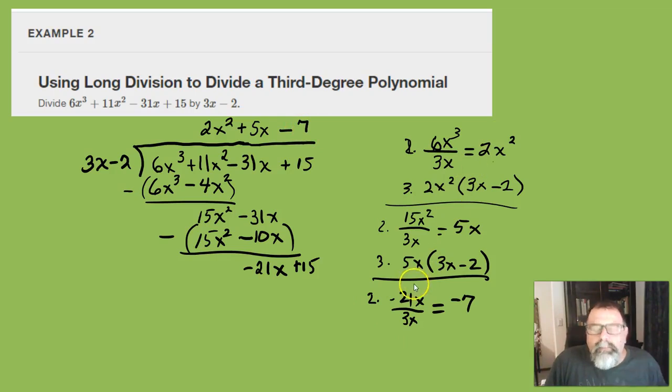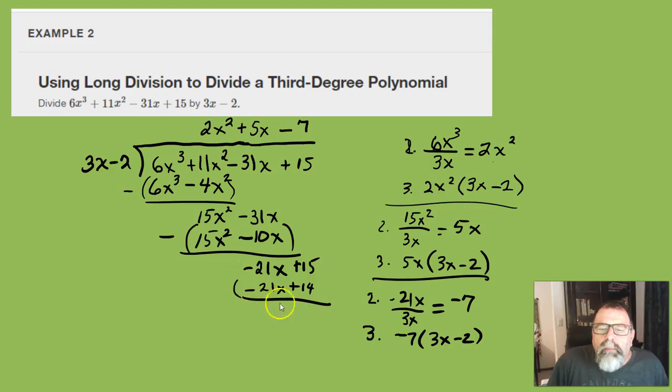And you don't have to write this down. I'm just showing you what I'm doing. Just in your head, you can do negative 7 times 3x minus 2 and then write the result just below the last one you were working with. So it'll be negative 21x. Negative 7 times negative 2 is positive 14. And then remember, we're subtracting.